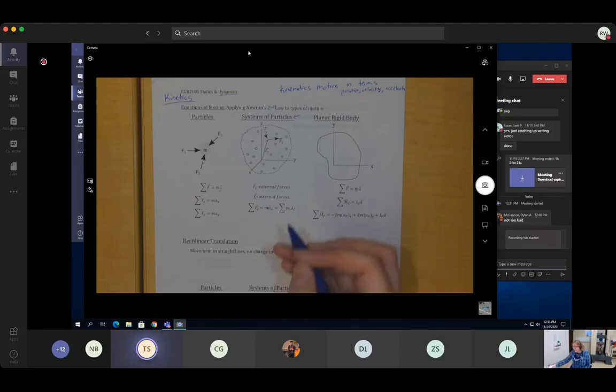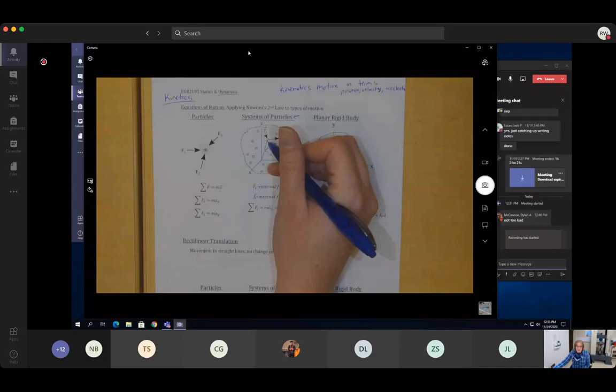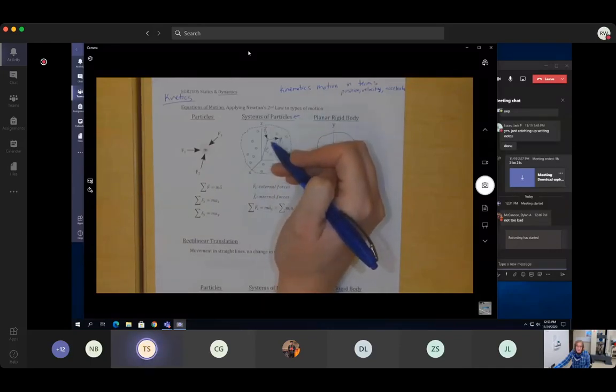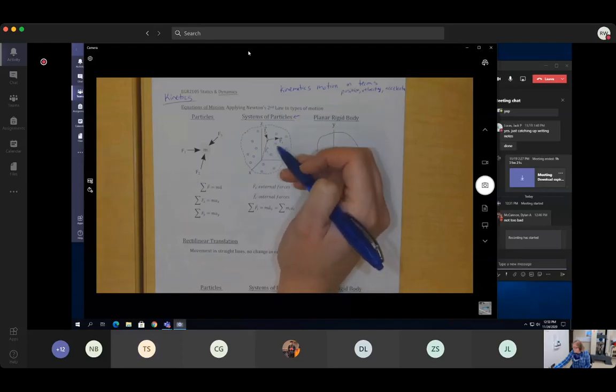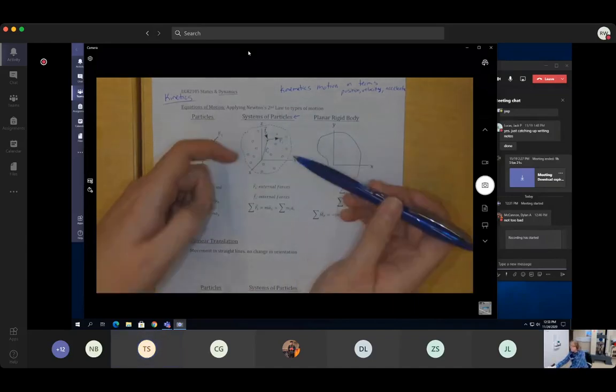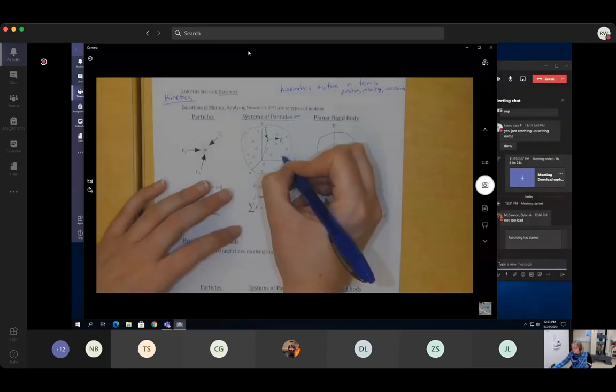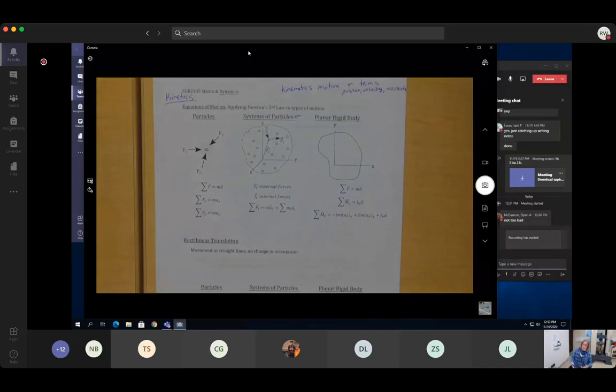So I'll give you an example of one. The weight of each particle, or the force of gravity, would be an external force. 2 particles colliding with each other would have an internal force between them. So forces that are internal to the system have an equal and opposite pair that's also in the system.